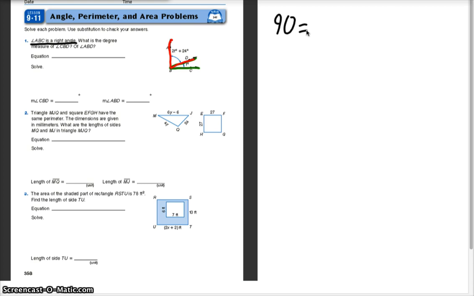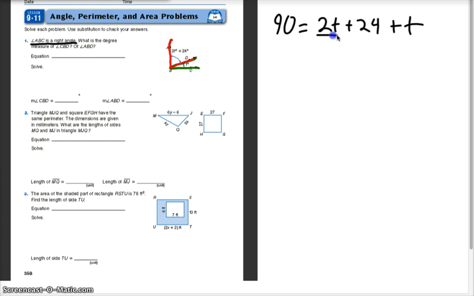Sorry, it's a T. It's hard to see on the screen. 2T plus 24, and then the green angle is T. So if I add both of those together, it's going to equal 90 degrees. So I can make an equation out of this. I can do 2T plus 24 plus T, because I know both of these angles added up will equal 90 degrees.